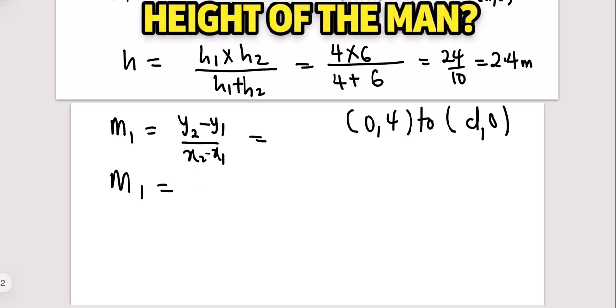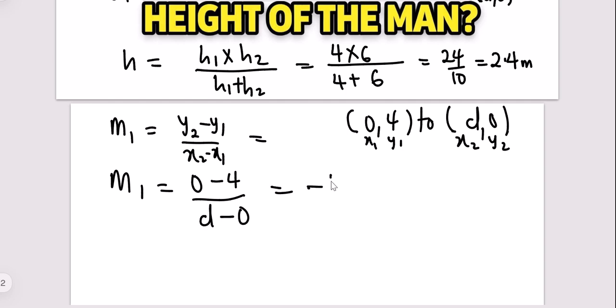With x1, y1 and x2, y2, y2 minus y1 is going to be 0 minus 4 divided by x2 minus x1, which is d minus 0. So here I'm going to have negative 4 over d.